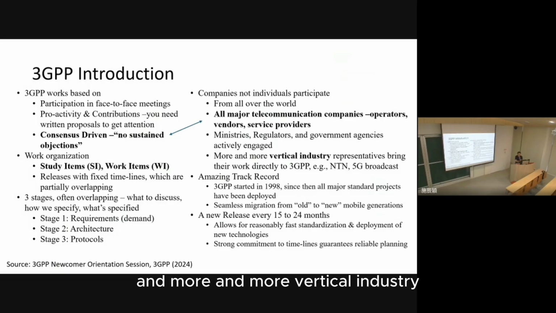Okay. And more vertical industries bring their work directly to 3GPP, for example NTN and 5G broadcast. Broadcasting companies own all the broadcasting systems, but they usually don't care about the standardization process.